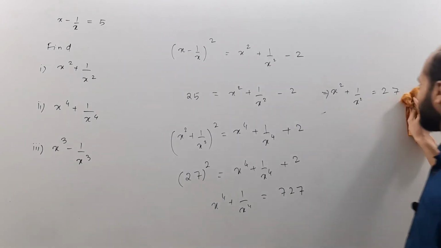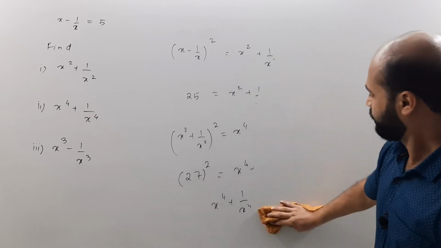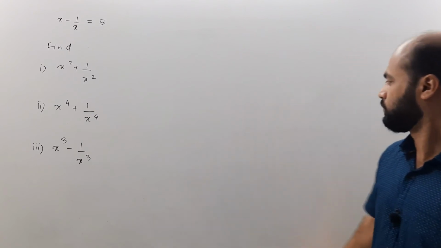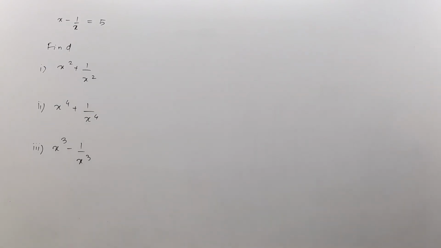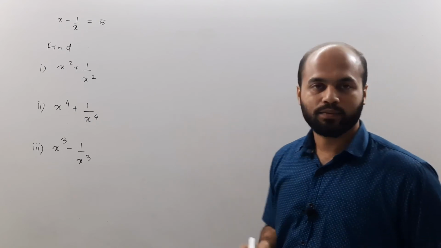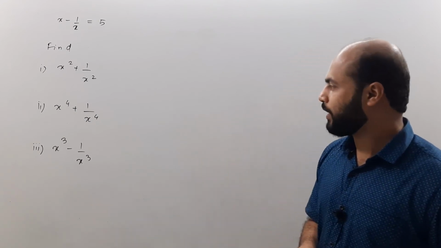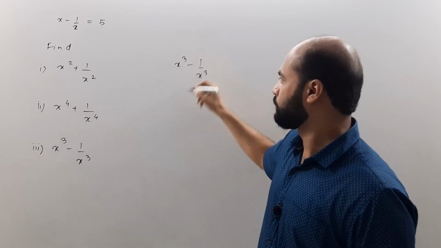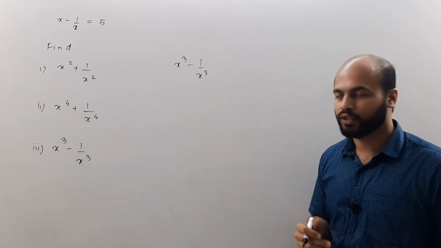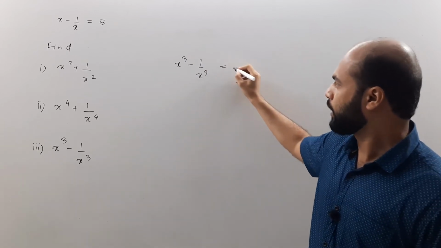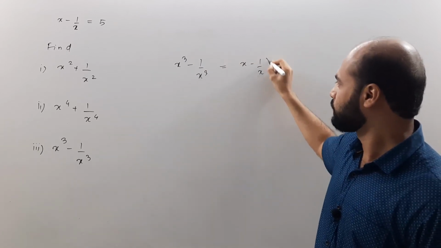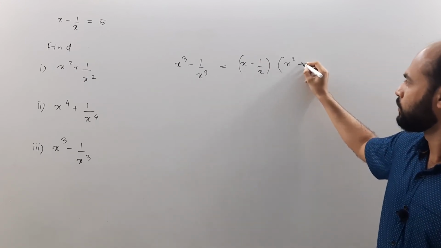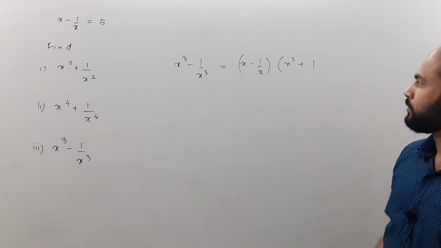Let's see the last expression now. So the last expression would be like x cube minus 1 by x cube. What is the way out? So a cube minus b cube, we know the expansion. We know the expansion of a cube minus b cube. So now we can write this as x minus 1 by x, that is a minus b, into a square plus ab plus b square.